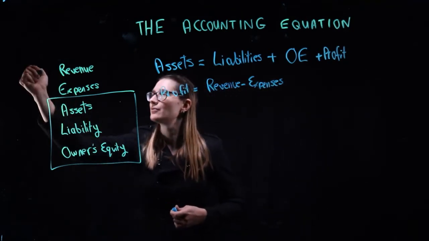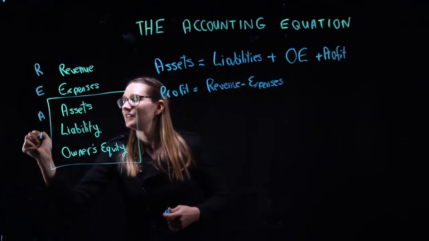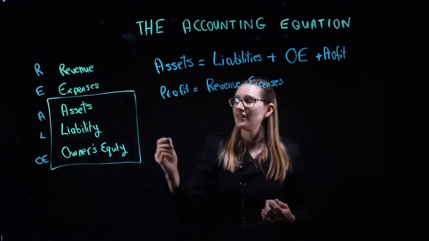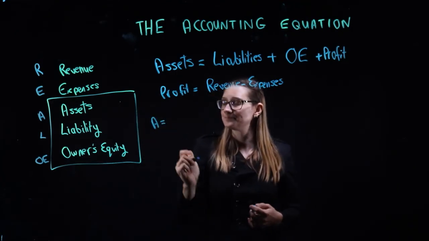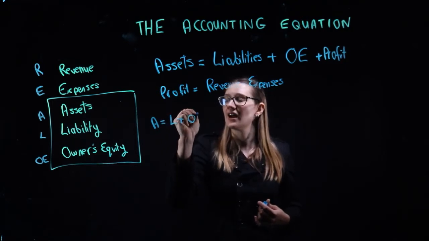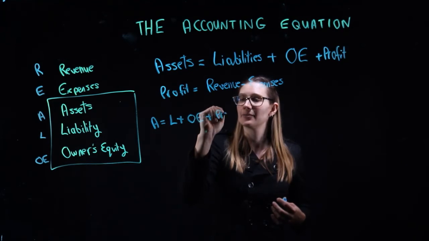I'm going to abbreviate revenues to R, expenses to E, assets to A, liabilities to L, and owner's equity to OE. So now what we have is everything the business owns, my assets, is equal to the liabilities, what I have borrowed, plus what the owner has contributed, plus the profit that I have made.